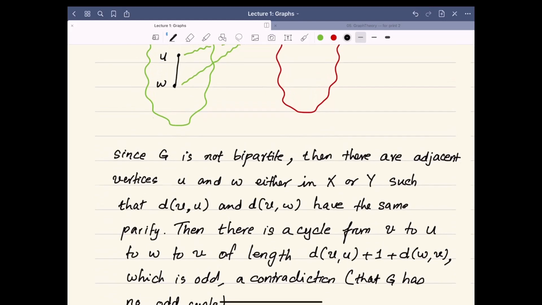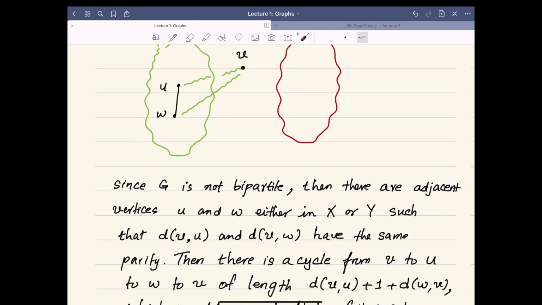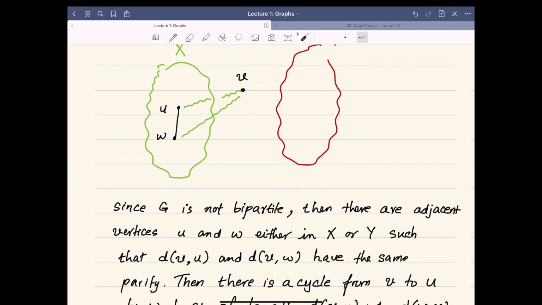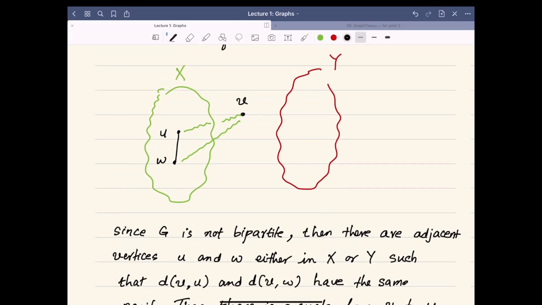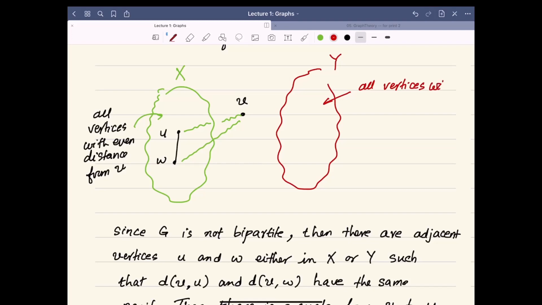Now, remember that, maybe I should write a note here, that here are all vertices with even distance from V. And here we have all vertices with odd distance from V also.